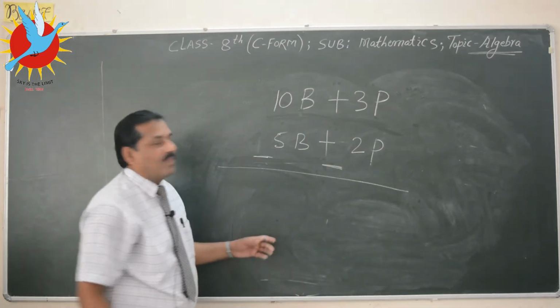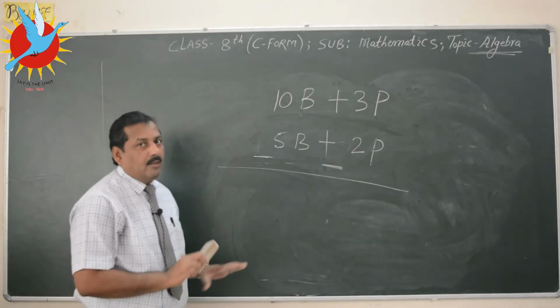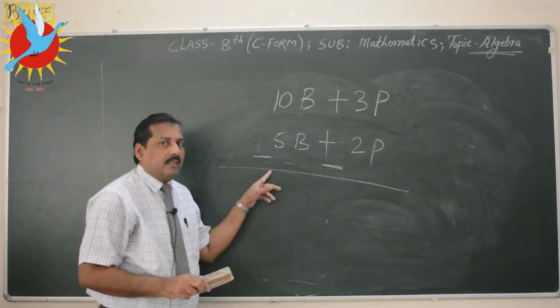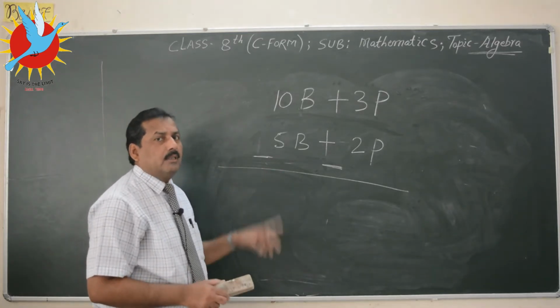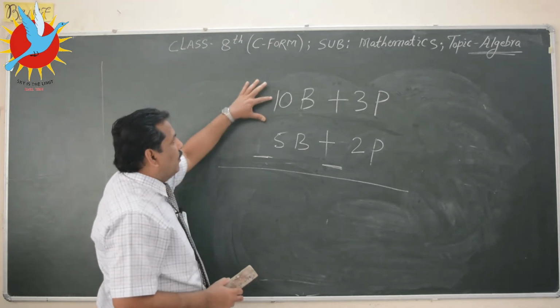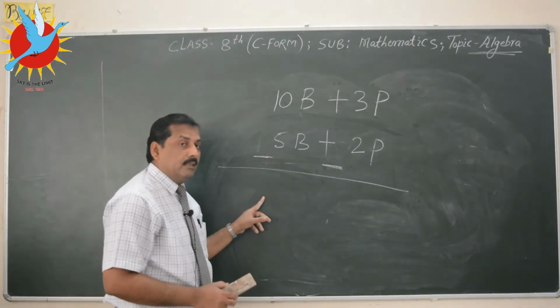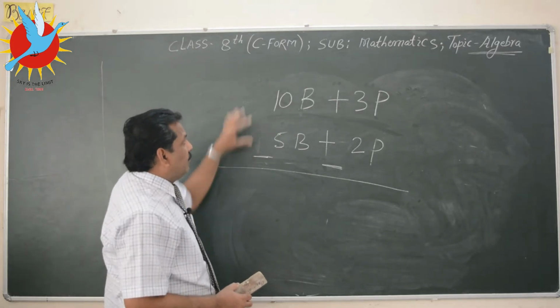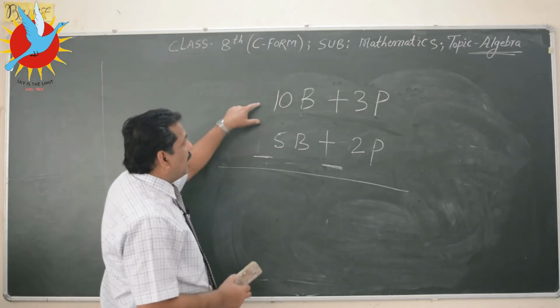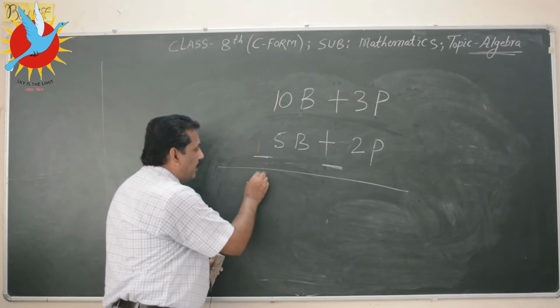Now after this stage we have to follow just the rules of addition, like addition. So this is plus and this is minus. What will be the sign of the result? Sign of the greater number. What is greater? 10 is greater. The sign of 10 is plus, so write plus.